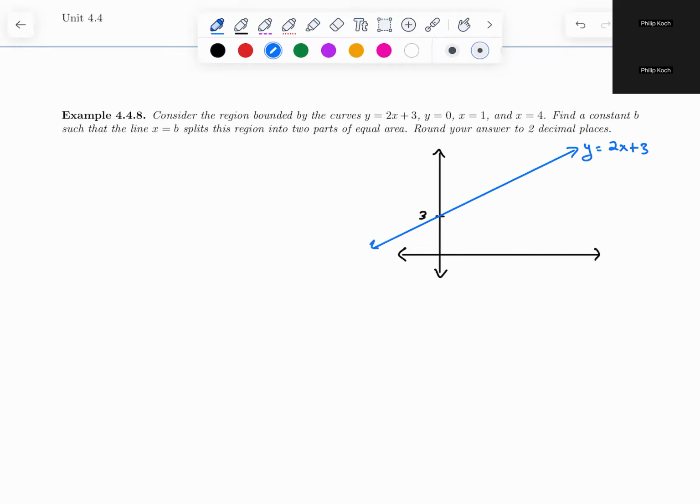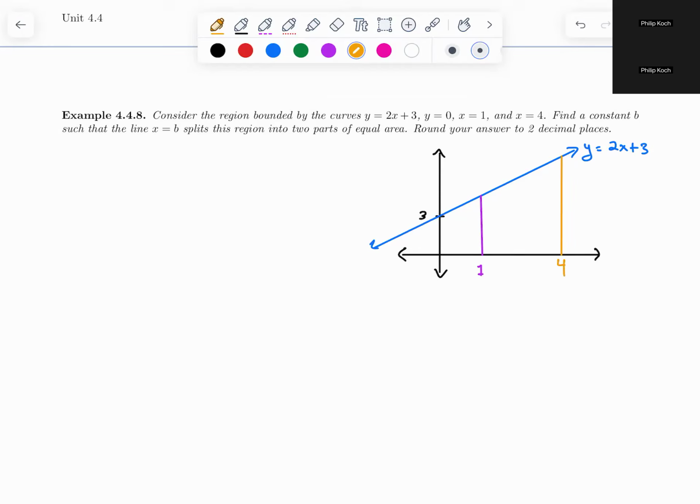So that's one of the bounding curves. The other one is y equals 0, so the x-axis, the flat line, and then x equals 1, and x equals 4.